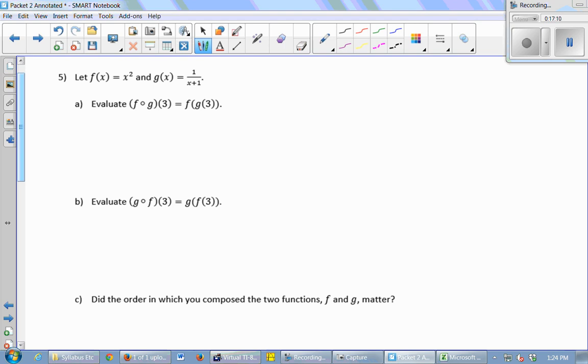G of 3 is equal to 1 over 3 plus 1, which is a fourth. I just looked at my g function and replaced all my x's with 3's and got a fourth.